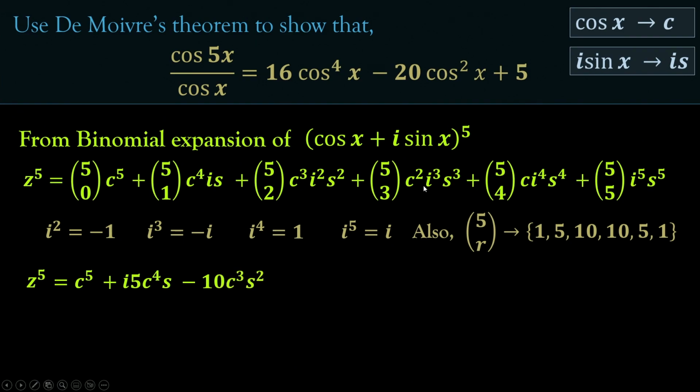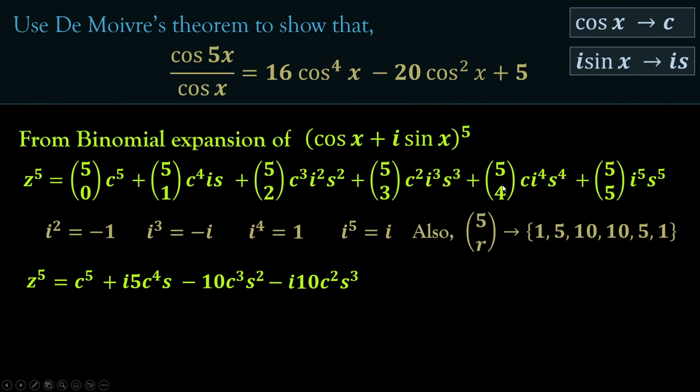The next one is negative i, as we've stated here. If we replace that, and this one here is also 10, negative i will go in front, and then we have 10 c squared s cubed. And the second last one there, i to the power 4 is just 1, and 5 combination 4 is 5.